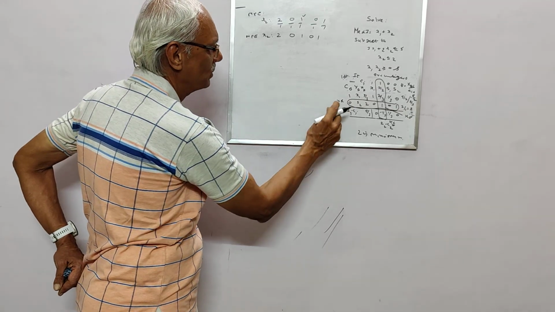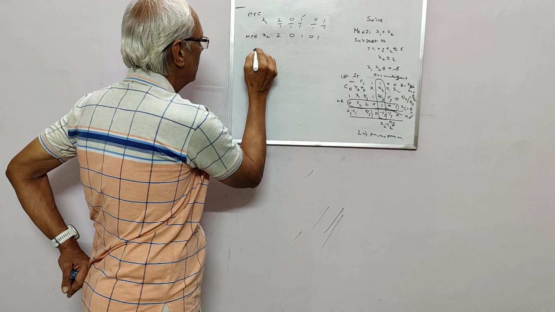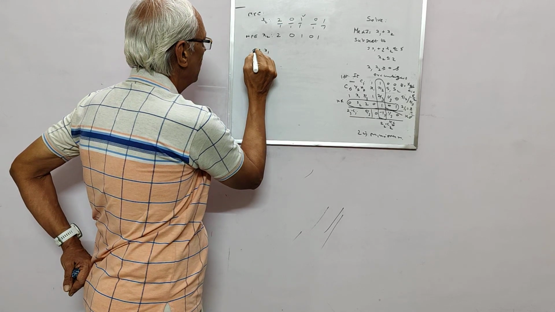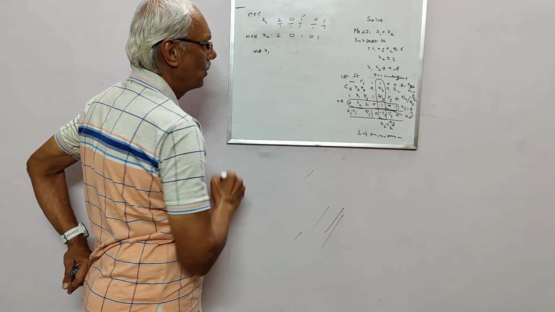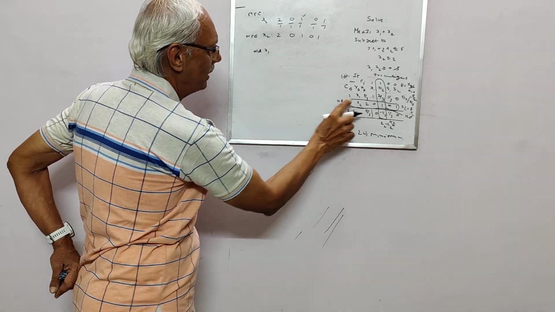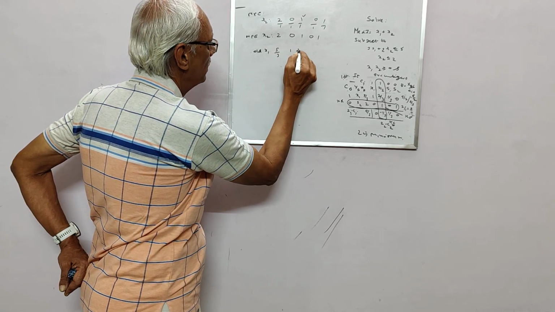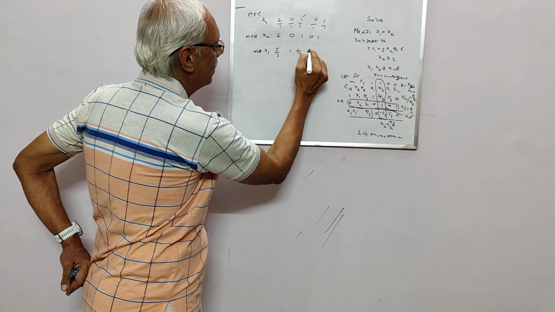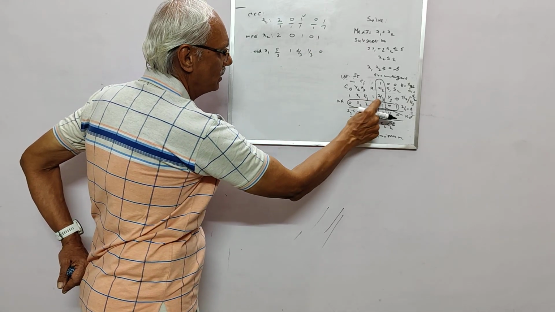Now you tell me, what is your old X1? Old X1 is 5 by 3, 1 2 by 3, 1 by 3 0. Now what is the key element with regard to this?